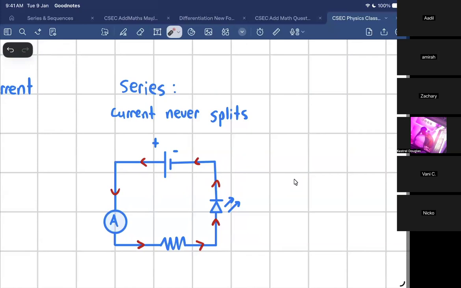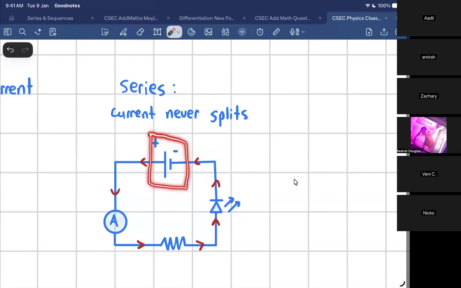I literally can't. Adil, tell me now, what's the name of this? Charger. Nah, that's not a charger. Anybody want to help Adil out? What's the name of this? Battery.